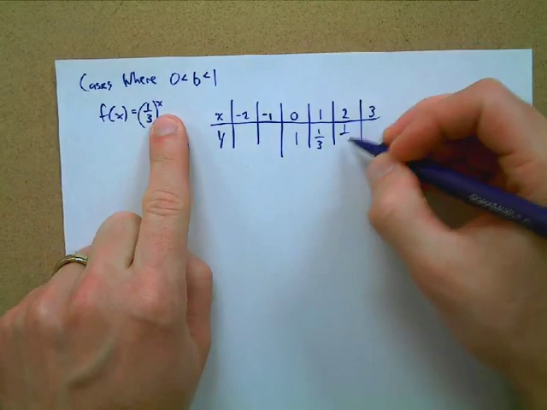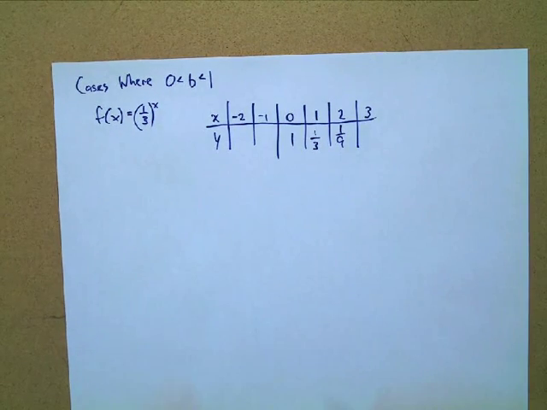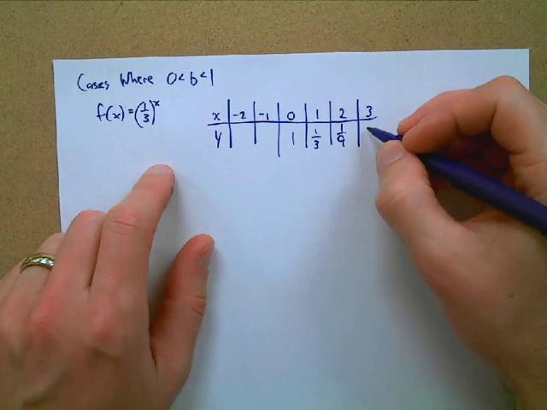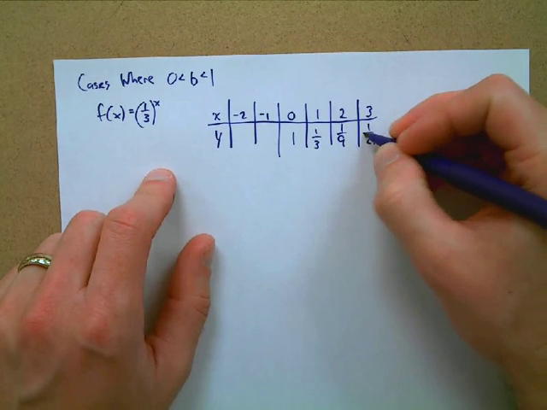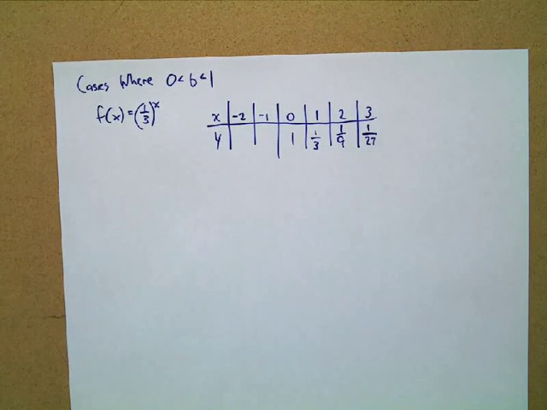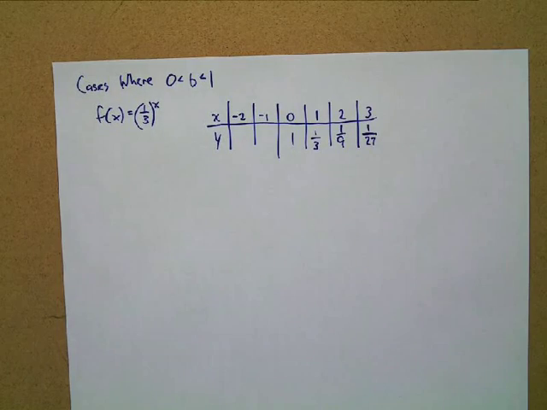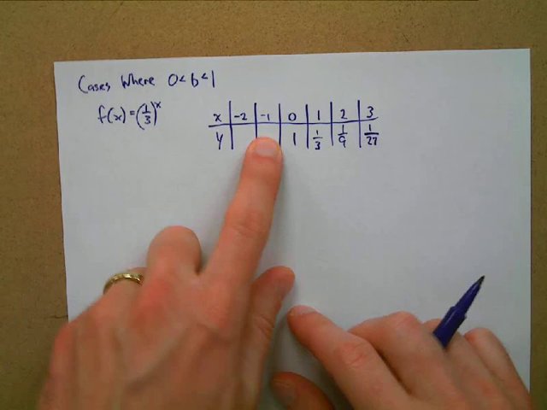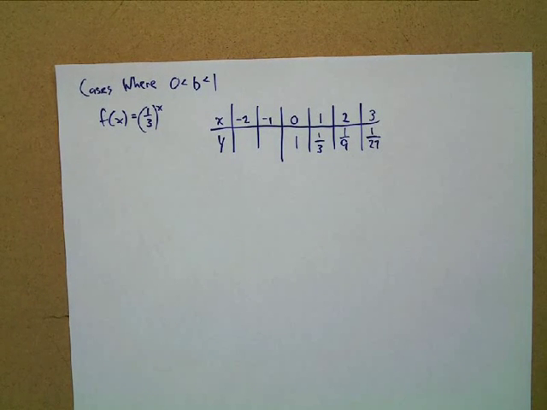1/3 to the -1, what's that going to be? You can get a hint if you look. As you go from 1/27 to 1/9, from 1/9 to 1/3, from 1/3 to 1, Anna, what should it be? Yeah, it's going to be 3, exactly right. 1/3 to the negative 1.